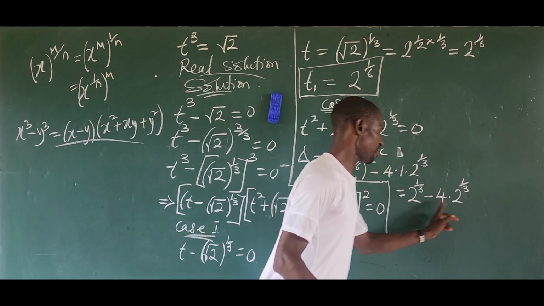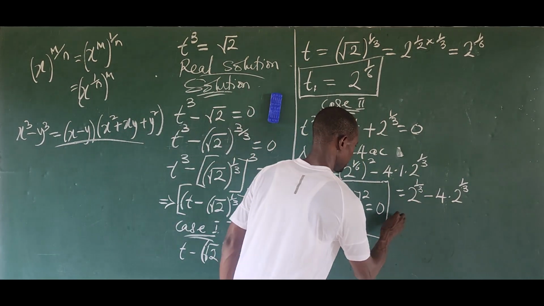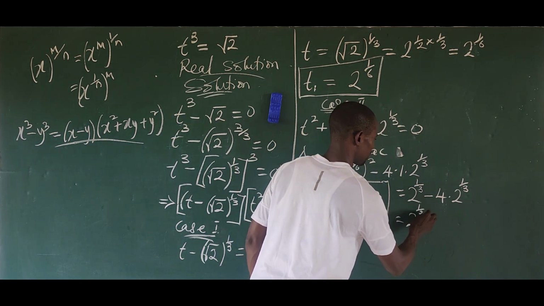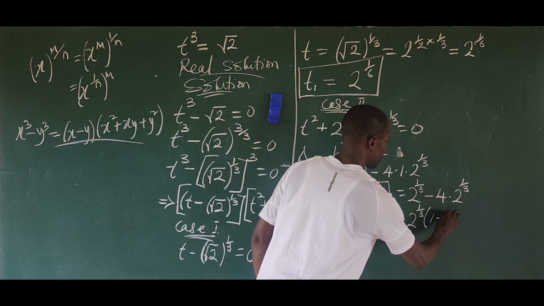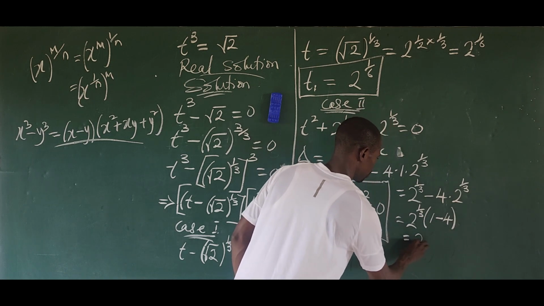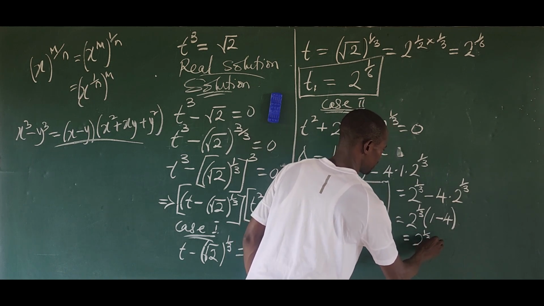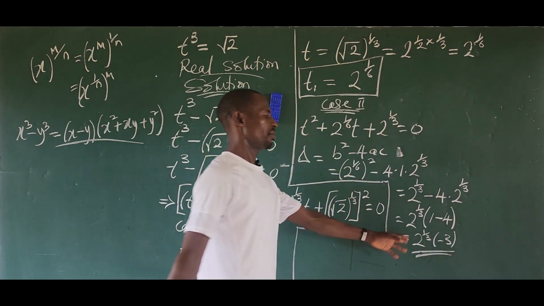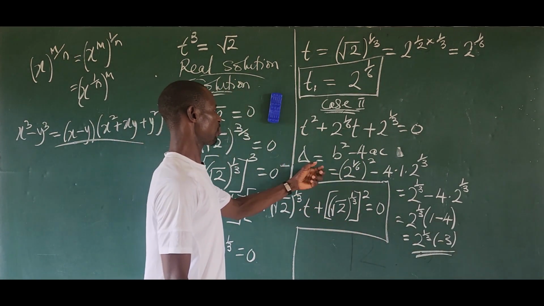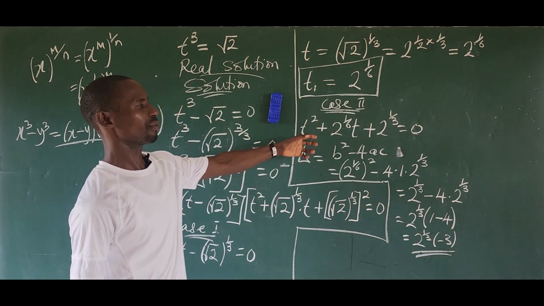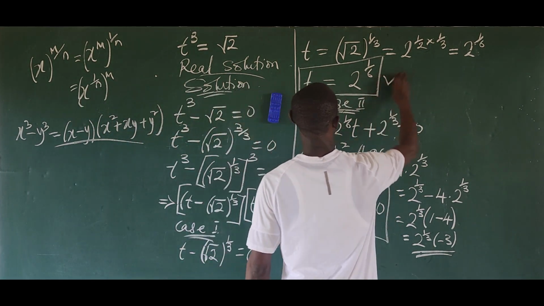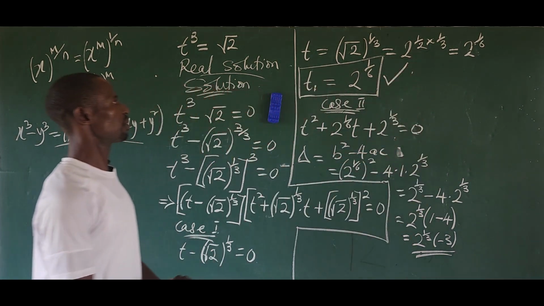So if we factor 2 to the power of 1 all over 3 out, this is going to give us 2 to the power of 1 all over 3, bracket 1 minus 4. So this is going to give us 2 to the power of 1 all over 3, bracket minus 3. So this shows that we are going to have imaginary roots from this case 2, and so this is rejected. We are only asked to look for the real solution to this.